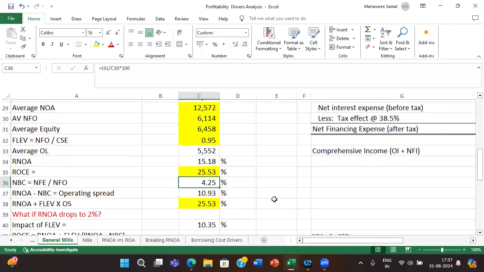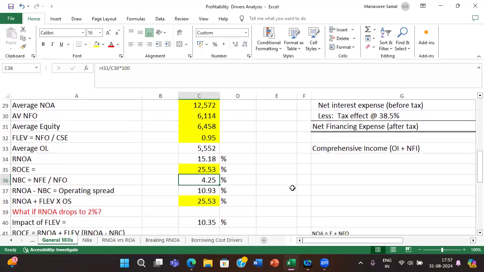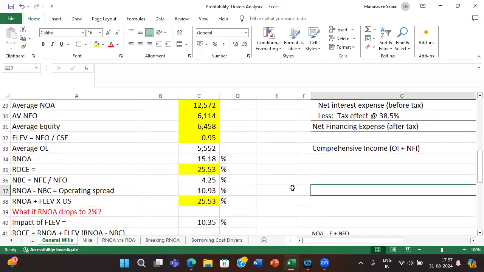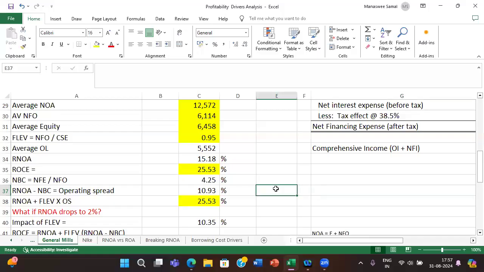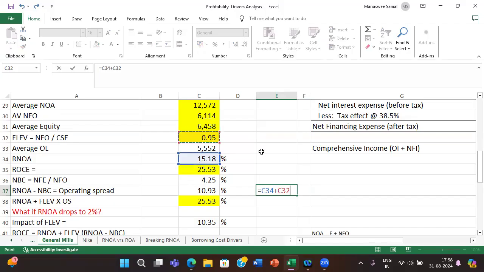Now you can see, if I just use this cell, I want to establish whether that equation is true or not. So it is equal to RNOA, that is 15.18, plus I have my FLAV, 0.95, and then I have this difference of 4.25% and 15.18.